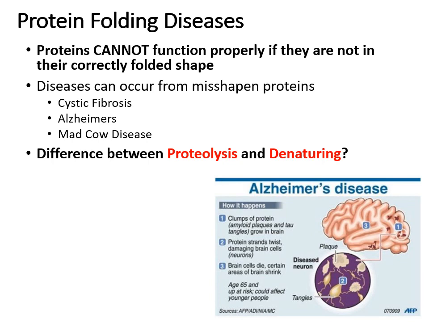So you do lose secondary, tertiary, and quaternary structure. But what you don't lose is the primary structure because the whole protein is still intact. The sequence of amino acids are still in the proper sequence, they're just not folded anymore. And so that can be reversed, that's reversible, whereas proteolysis is irreversible.